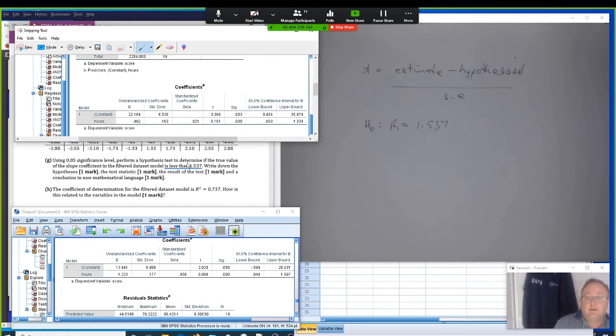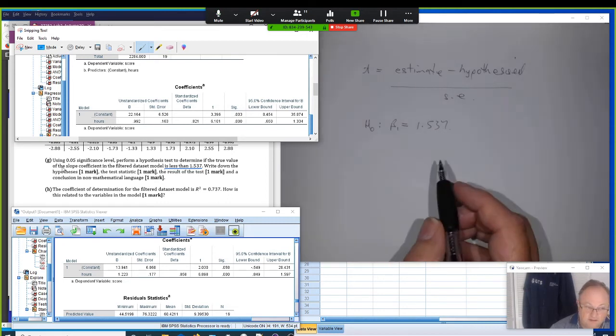So we need to have an alternative. Where do we get the hint for the alternative from? In the question. What's the question say? The question says less than 1.537. Yes, thank you.